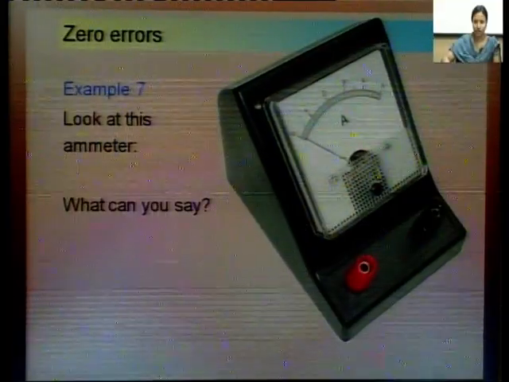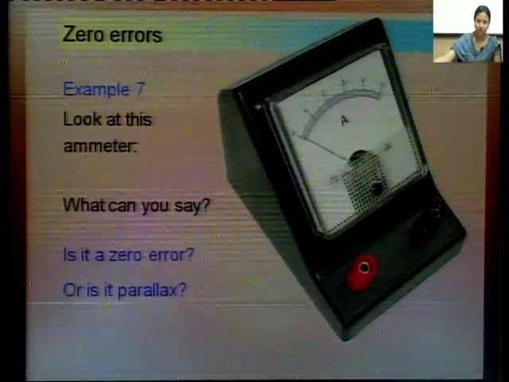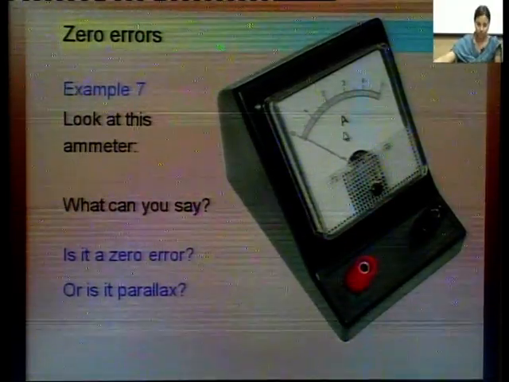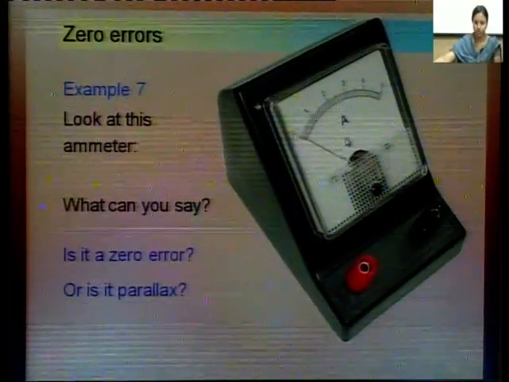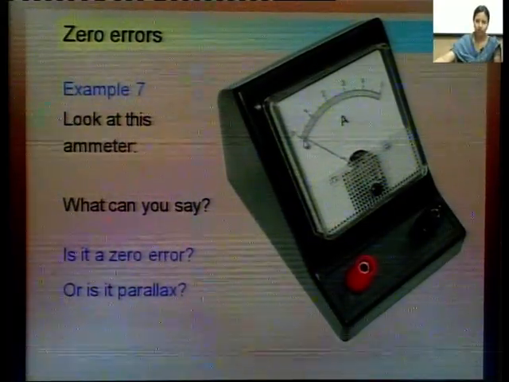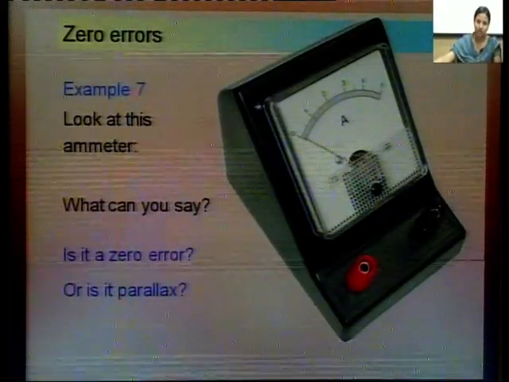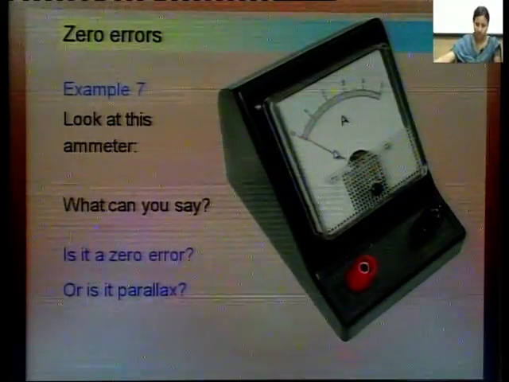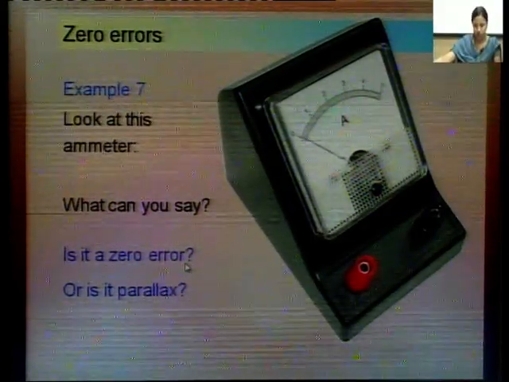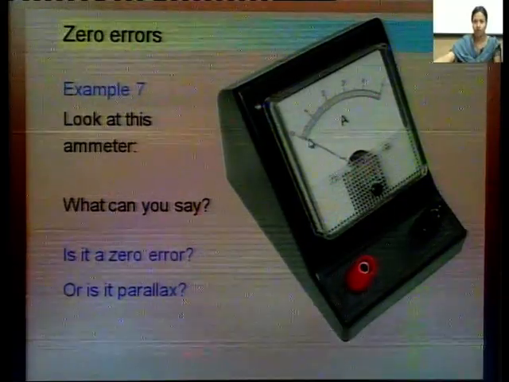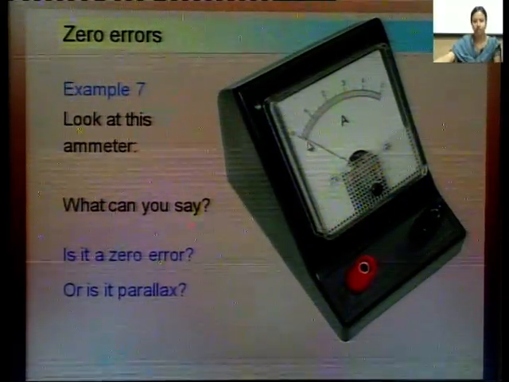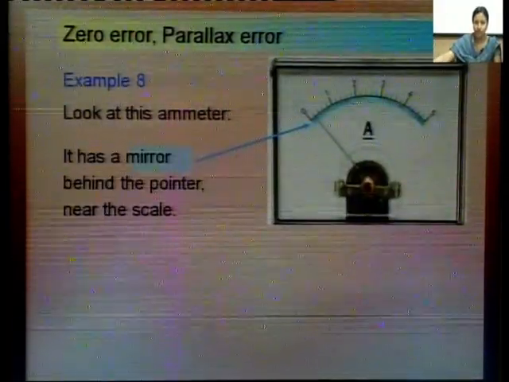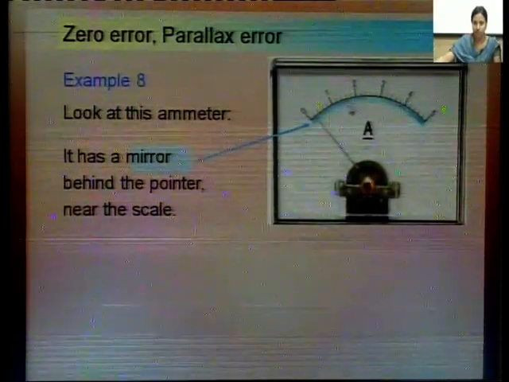Next example of zero error is this. This is an ammeter. Here this symbol shows an ammeter which is used to measure current. So we can easily see that the needle is not at point 0, but the first thing is that it may be zero error, it may be parallax error. So we should take the reading from the perpendicular point. For this measurement a mirror is attached at this point.